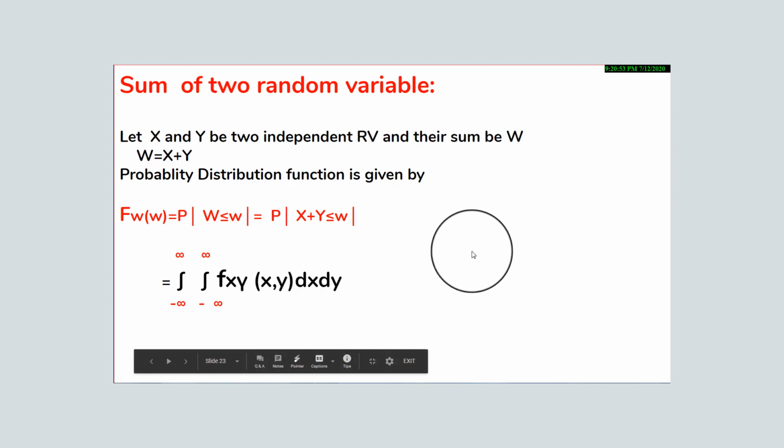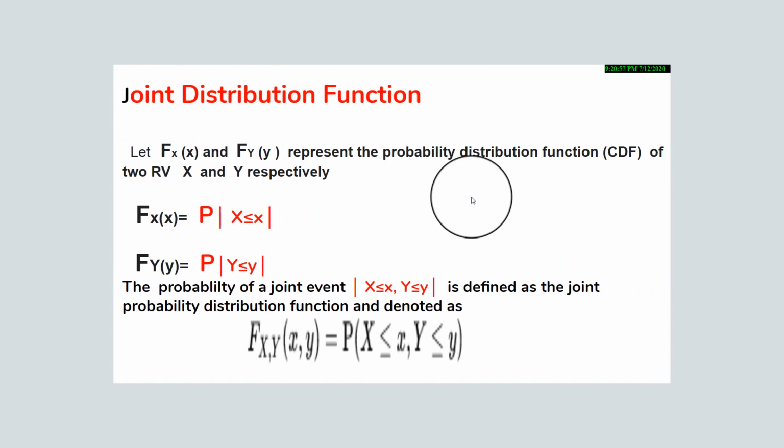Now within this we shall be studying the next thing, which is the joint distribution function. In the previous one we studied the distribution function, the probability distribution function. That means the probability distribution function was for the single variable F of x, or the single variable F of y.